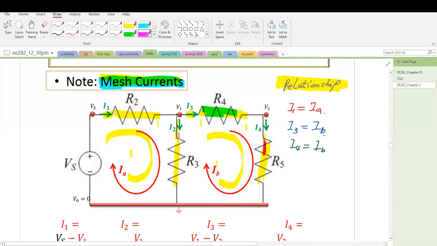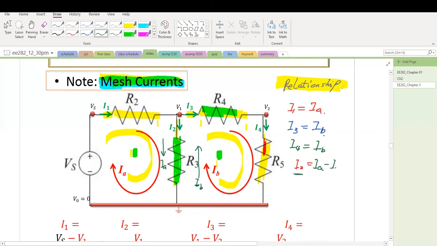Now let's look at I2. I'm going to use a different color. I2 is the branch current flowing into this branch. But this branch is a common branch for this mesh and this mesh. Look at the direction of this branch current I2. This direction is IA, and this one is IB.